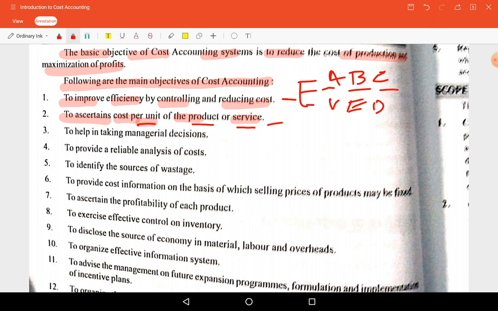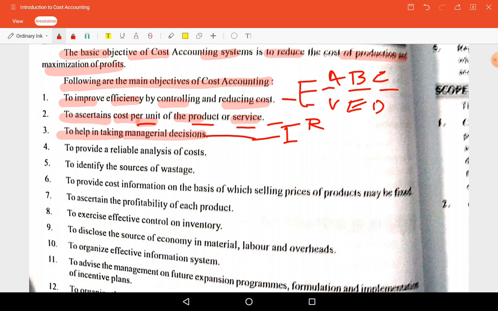Next, help in taking managerial decisions. With the help of cost classification, management takes decisions, whether to go for a project or not. What is relevant cost, what is irrelevant cost, which is to be considered, which is not to be considered.